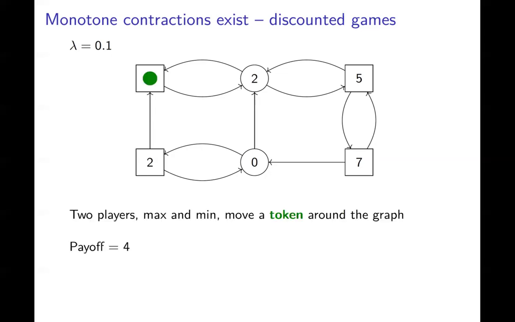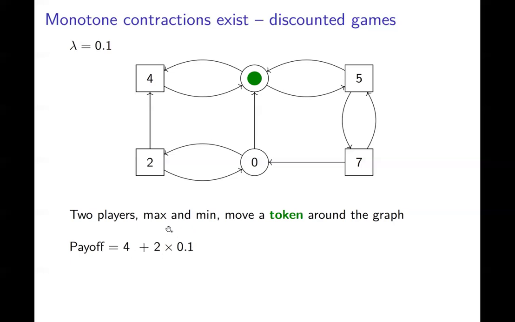The payoff is captured by every possible move of the token along the edges of the graph. Starting from the first point, we get a payoff of 4 before any move takes place. Then the max player plays a move and moves the token to the next node, which is 2. However, there is a discount of the reward for this play, therefore we apply the discounting factor for this move.